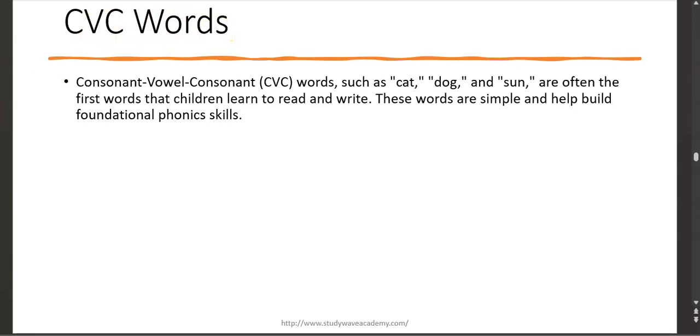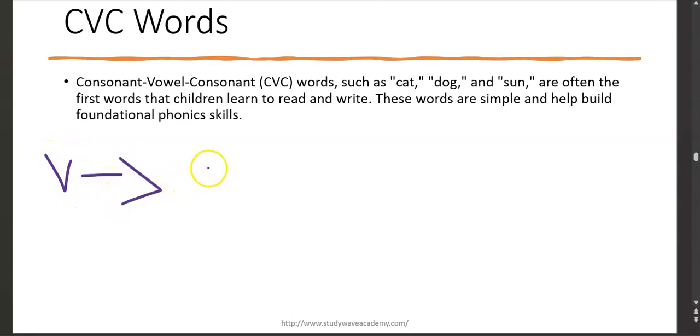And before, like I said, CVC words are just words that are made up of the consonant, vowel, consonant format. And I talked about the vowels. We have 5 vowels, okay? I want to use a pen that we can all see, so let me use this. So we have 5 vowels, right?